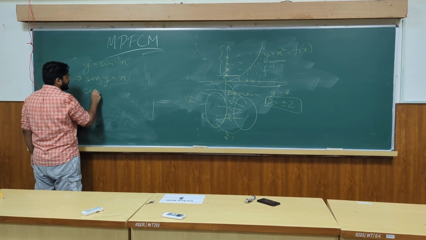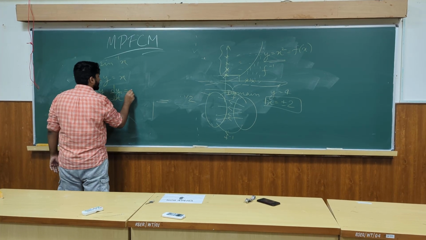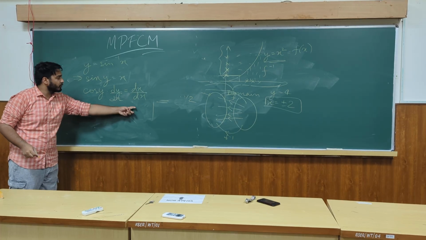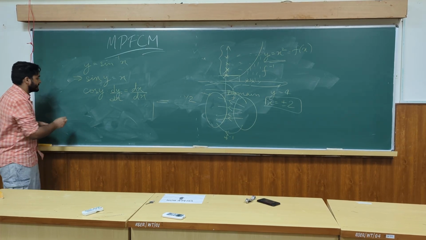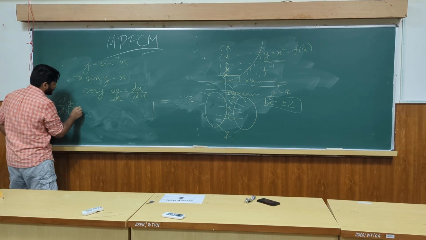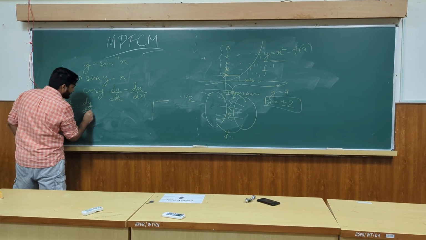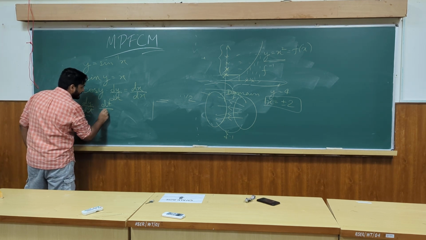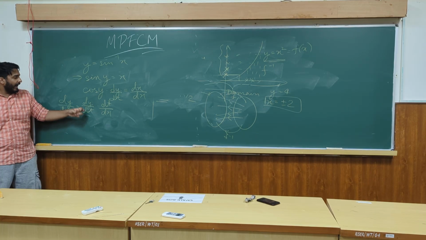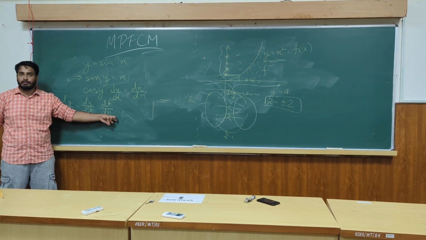So if you remember the chain rule, I have differentiated both sides with respect to x, and if I was to write the differentiation of y with respect to x, I could write this as dy dt times dt dx. Since my original function was a function of y, I differentiated it with respect to y, and then I differentiated y with respect to x.